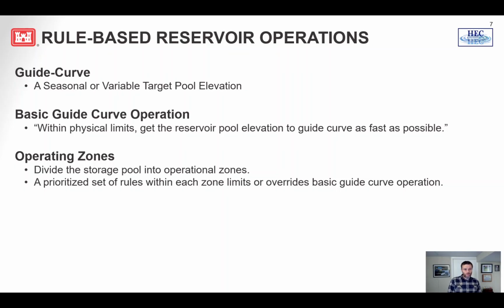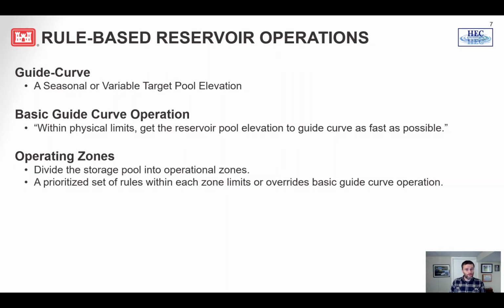And then operating zones. So we start adding operating zones like top of flood control pool, top of inactive pool, and even more complicated zones that might be in there. Maybe you have a 50% pool that might be defined within your water control plan. It has different operating zones. Could be the surcharge zone, the top of surcharge. A lot of times you'll see some reservoir operations have top of dam in there. So there's a lot of zones. There could be several of them.